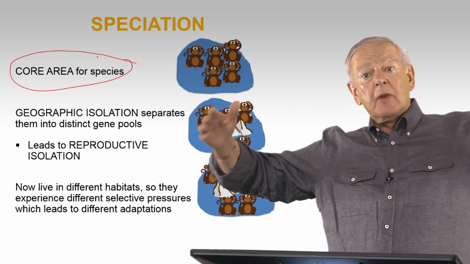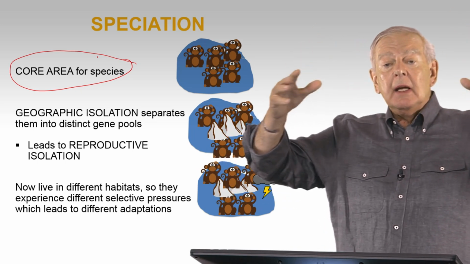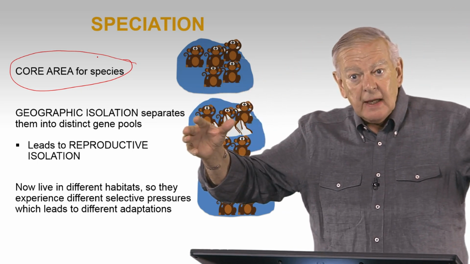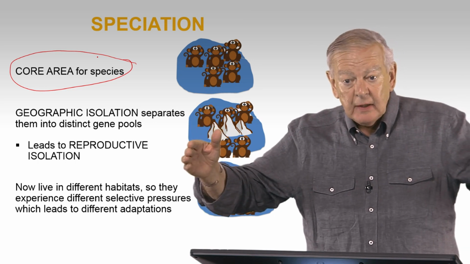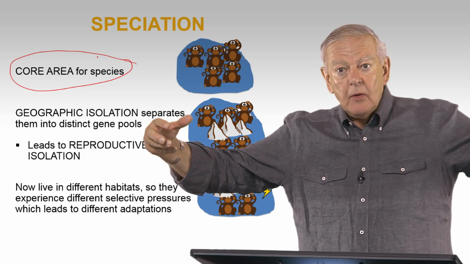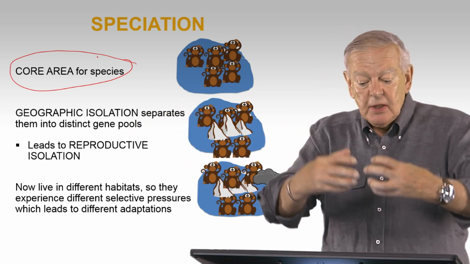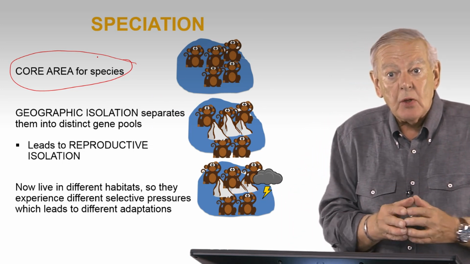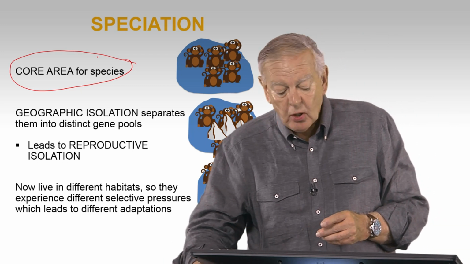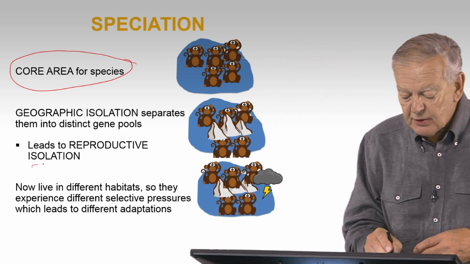And the river, or the mountain that's built between them, is big enough and wide enough or tall enough that it doesn't allow the monkeys in each of those two new areas to continue to interbreed. So they experience what is called reproductive isolation, right?